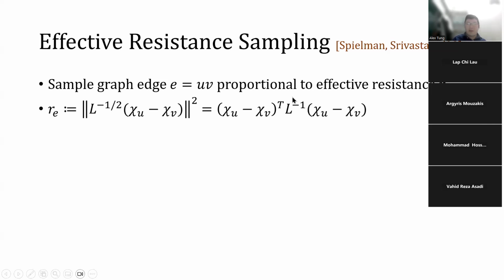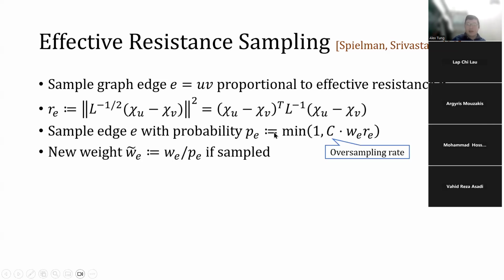We compute the effective resistance, R_E, which has this form, and then we sample the graph edges independently with probability proportional to the effective resistance. There's an extra factor C here, which is an oversampling rate. It is necessary to guarantee spectral sparsification.